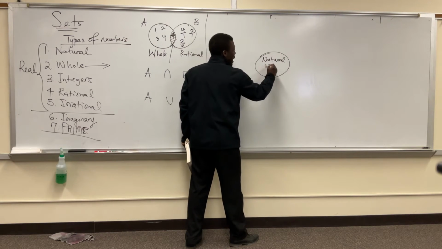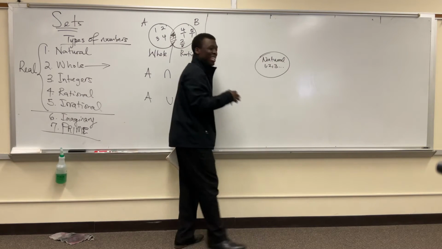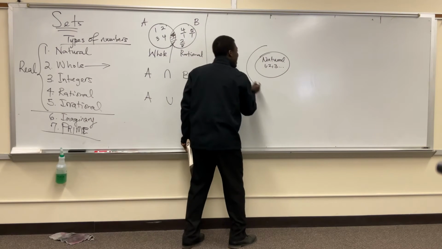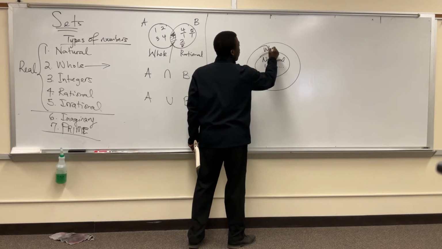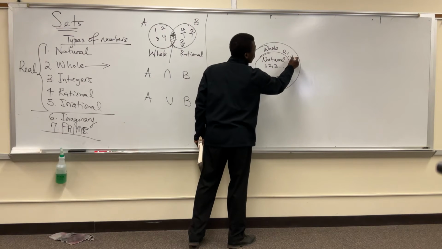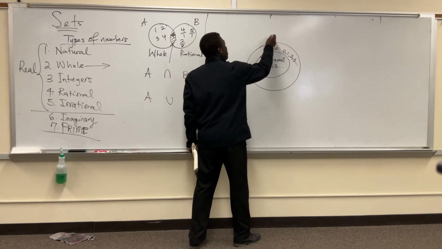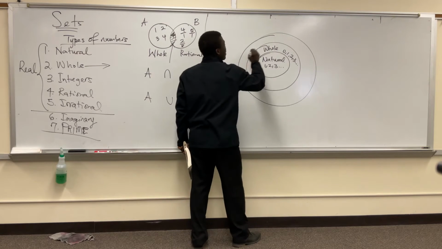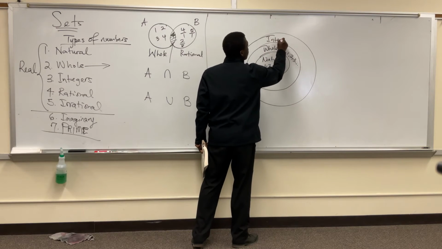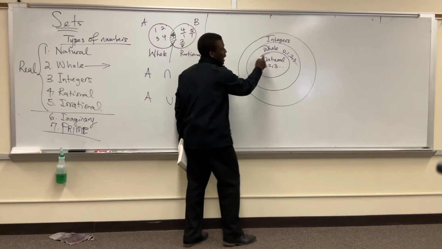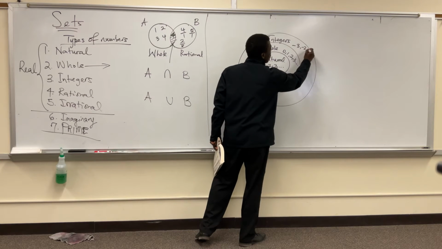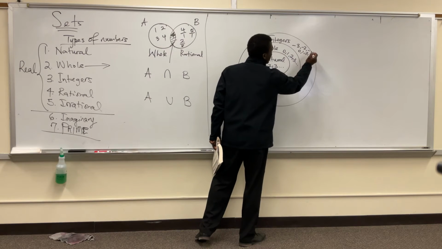The examples will be like 1, 2, 3, like somebody's age. The next category is whole numbers, which would be 0, 1, 2, 3, and so on. The next layer above that is integers, which would include all whole numbers and all natural numbers, like -3, -2, -1, 0, 1, 2, 3.